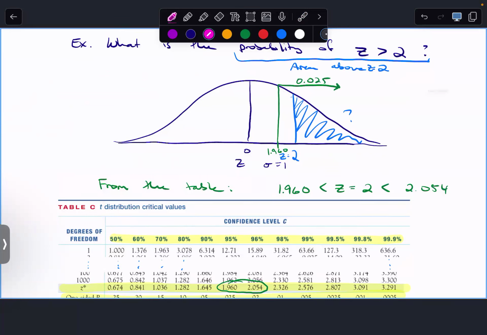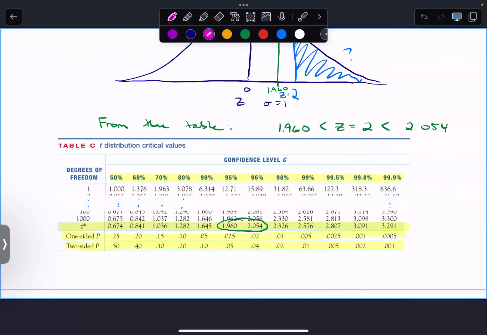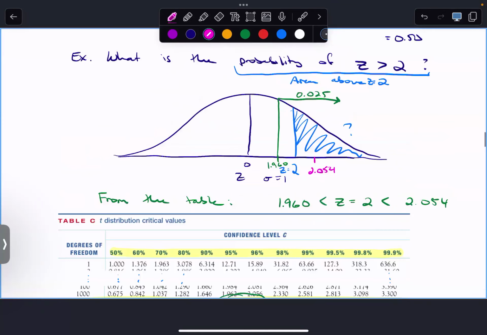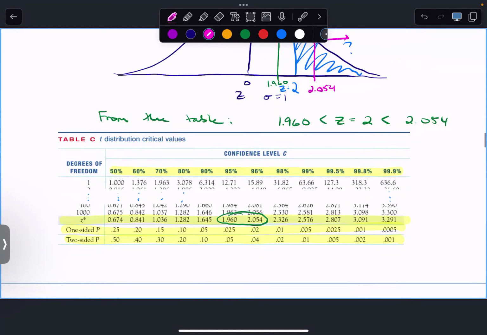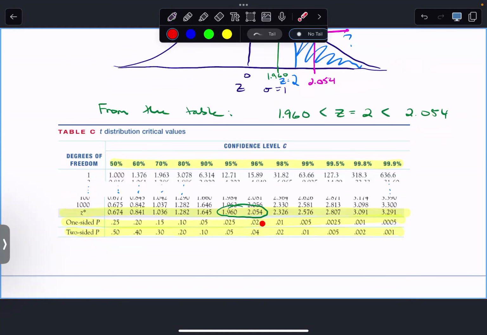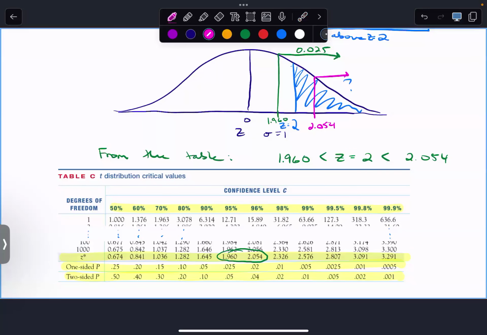And how about 2.054? Let's draw that out here. 2.054 has an area in the tail of 0.02. We wanted to find this area.